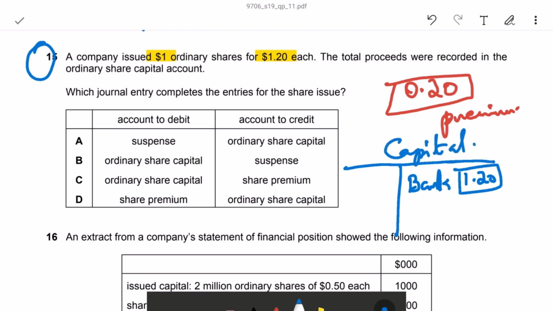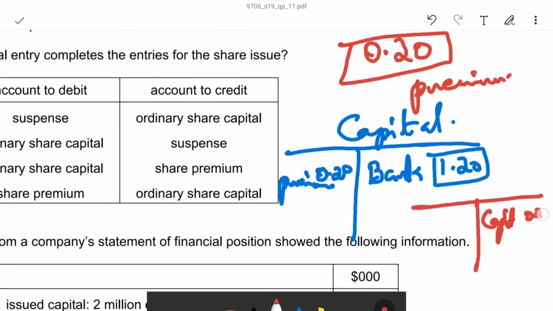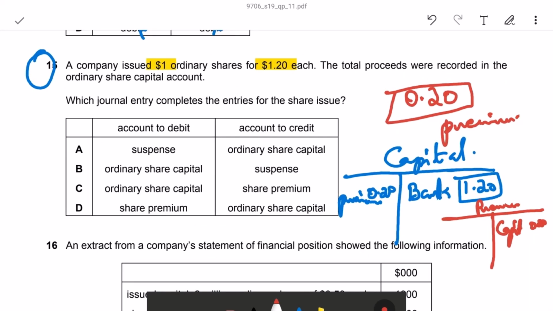But out of this, 0.20 per share should be given in the premium account. This transaction we will put in the credit side of the premium account. From capital we take 0.20. Premium is the income of the business. Premium will be credited and capital will be debited.